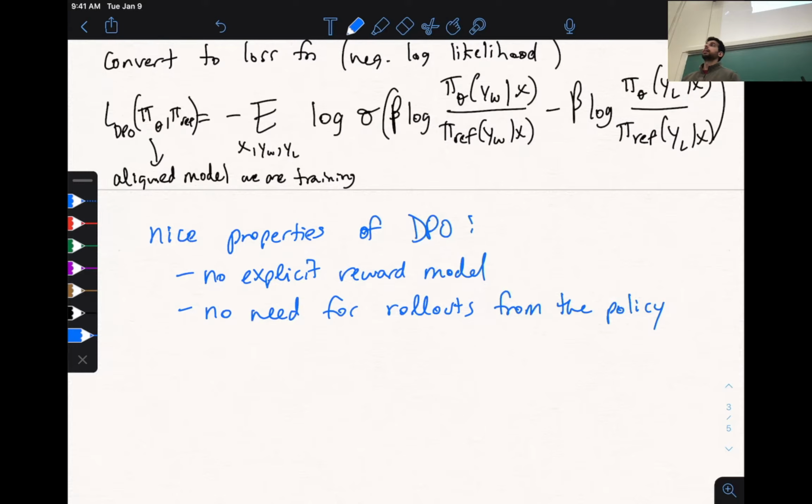And it's basically become the choice of at least open source alignment efforts in the last couple months. So it's a really great algorithm, and you can see that it basically all just stemmed from some algebra on the original RLHF objective and this insight that you can solve for the optimal policy and then do all of these substitutions to arrive at this loss. Okay, so any questions about DPO?